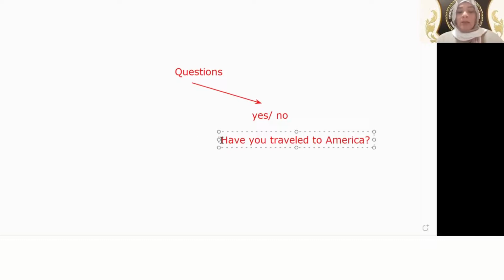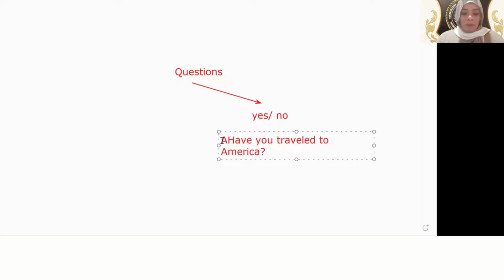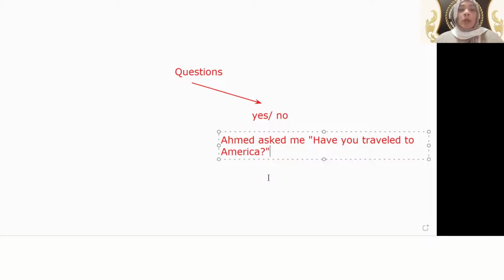Okay, and let's imagine that someone is saying this direct question. For example, Ahmed asked me, as we said that we have to put it between quotation marks, or speech marks, and then we want to change this direct question into an indirect question.